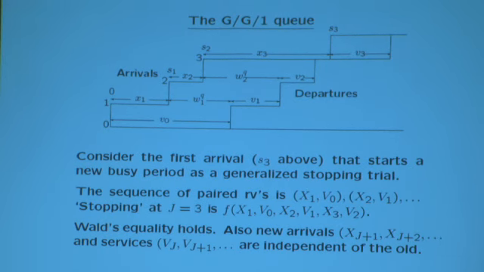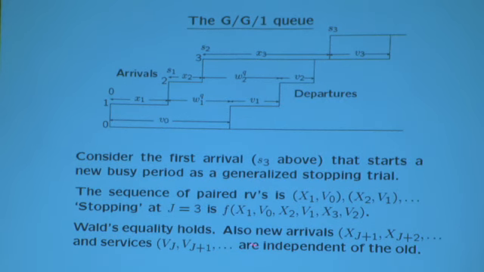But the other thing, which is what we really want, is the new arrivals, namely the arrival after S3, which comes at S3 plus X3. That's X sub j plus 1, X sub j plus 2, and so forth. And the service times, in this case, V sub j is the service time that occurs after this.